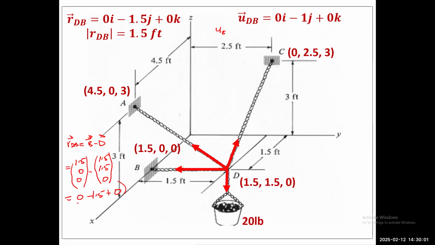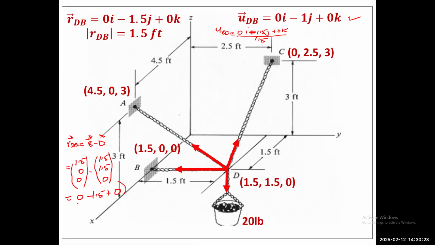So in order to get the unit vector, you take the position vector 0i plus minus 1.5j plus 0k, and you divide each quantity by 1.5. It will give you the unit vector, which is 0, minus 1, plus 0, right? And that's typical of a unit vector.